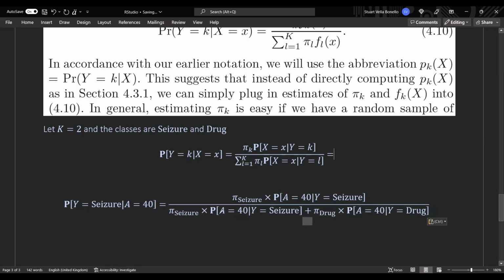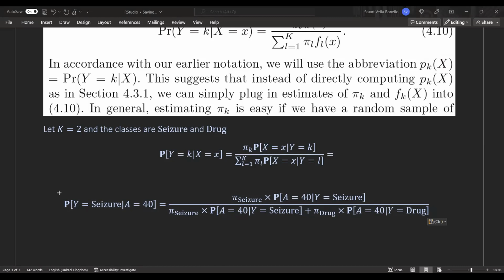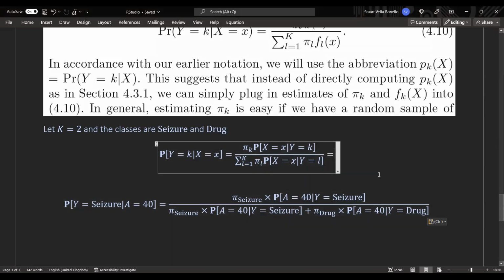If you want to know the probability that a patient is admitted with seizure given an age of 40, then you flip the conditionals around and you get this over here. Now exactly which direction we're going to take this, we have yet to see.